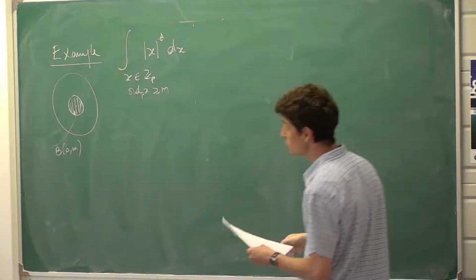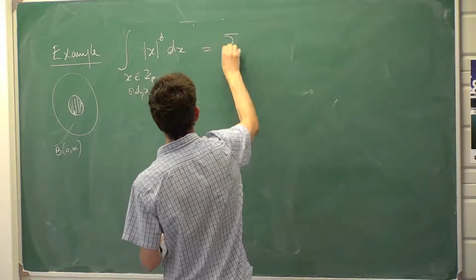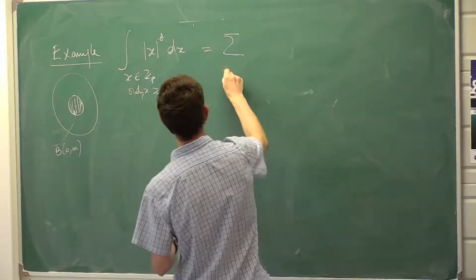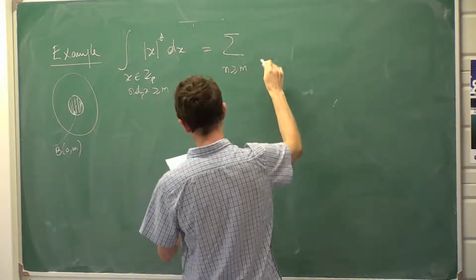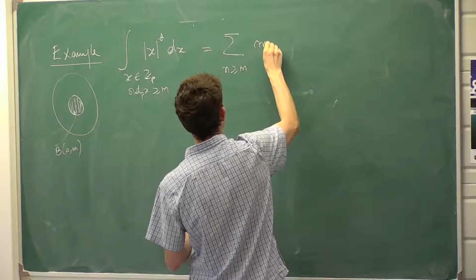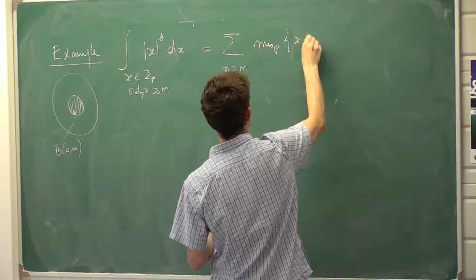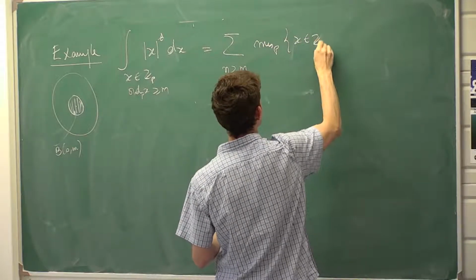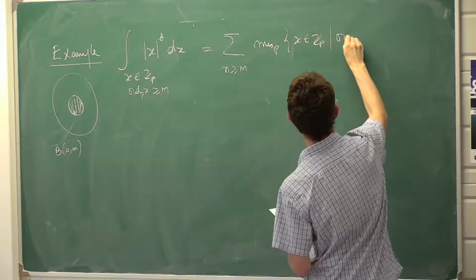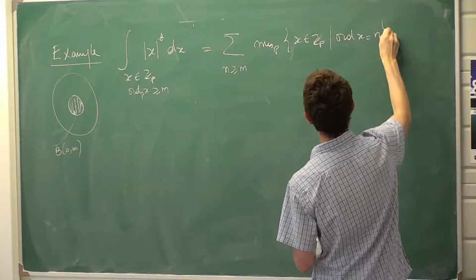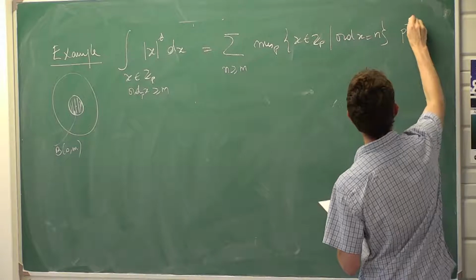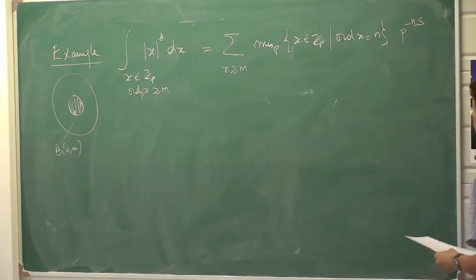So if I use the definition, this is the sum for n larger than m of the p-adic measure of the elements of Z_p such that the order of x is equal to n, times p to the minus ns.